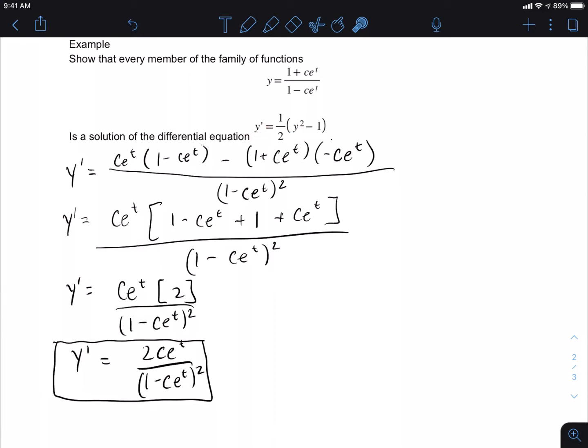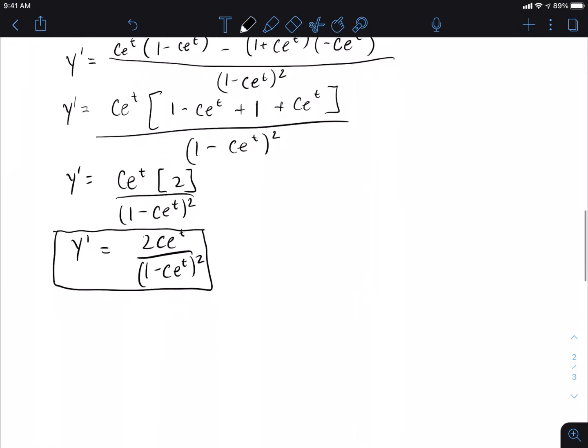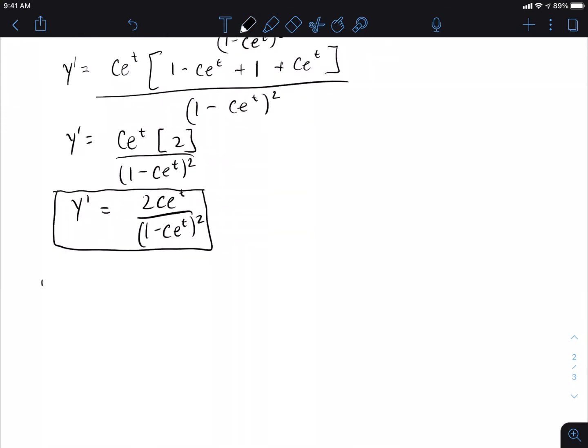The derivative has a y variable, and everything that we have is in terms of c's and e's and t's and numbers, right? So what I'm going to do is take this differential equation and substitute because I know what y is in this case. So 1/2 y squared minus 1 is equal to 1/2 times, I know what y is, right?